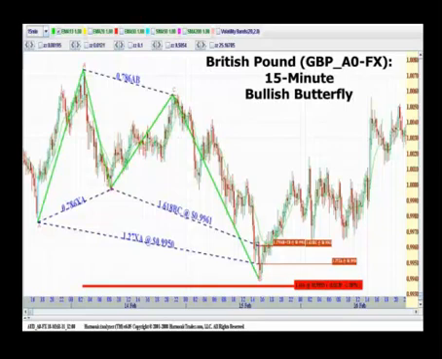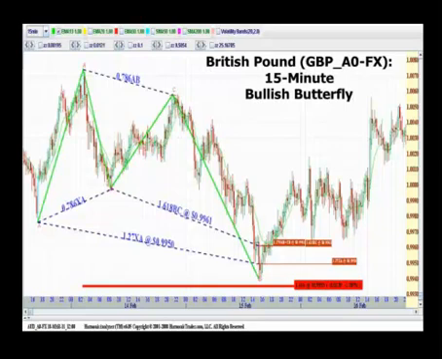We're looking to take action and execute immediately after the completion point of the pattern. But in this case, despite exceeding that 127 XA leg, it did not continue lower, and it held above that 141.